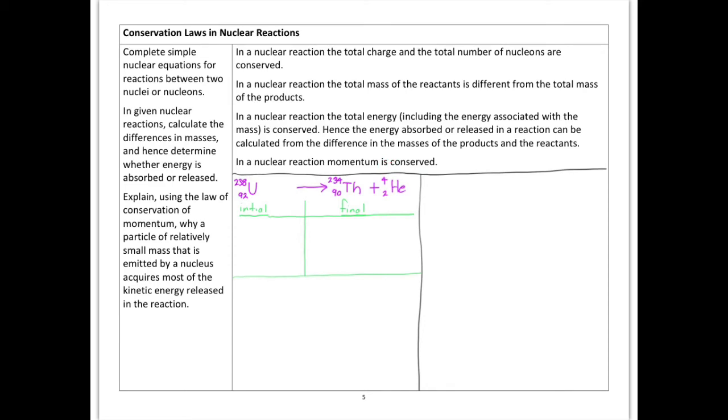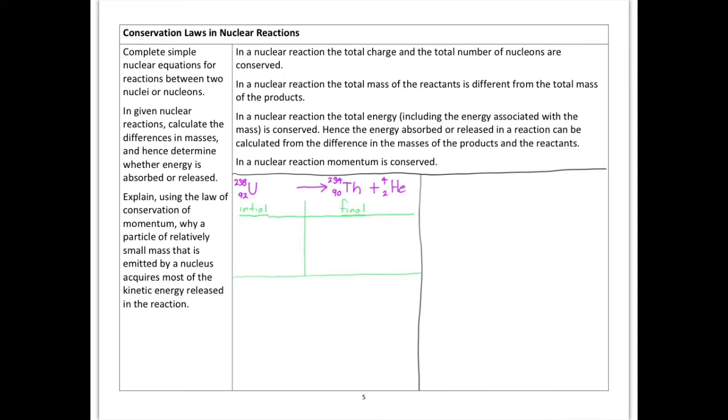We'll cover why that happens more in the next subtopic, but for now let's just look at this nuclear reaction here. And what we're going to show, using conservation of momentum, is why the helium ends up with most of the kinetic energy in this case.